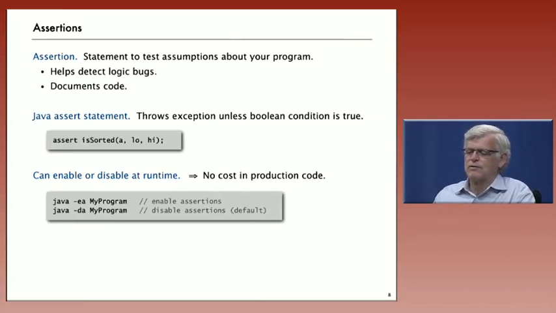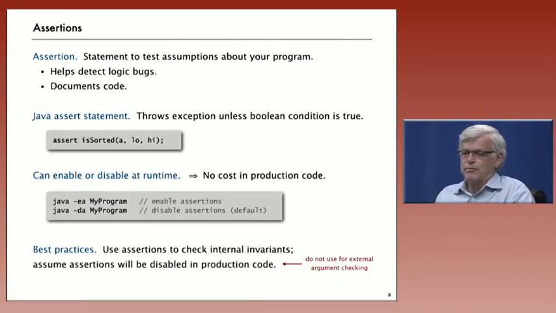If something goes wrong, somebody analyzing the situation can enable assertions, and they often will help find out what the problem is. So the best practice is to use assertions just as we did in that example with merge, and to assume that they're not going to be there in production code. So you shouldn't use them for things like checking if the input is the way you like it.